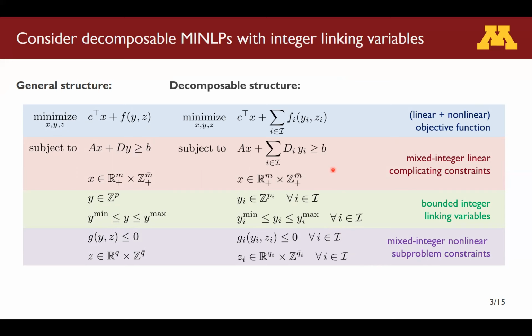And in our case, this essentially means that the subproblems are sufficiently small that we can use a global MINLP solver to solve them. In fact, in all the examples that I will show, they have this decomposable structure, but for ease of notation, I will use the general structure to explain how the algorithm will work.